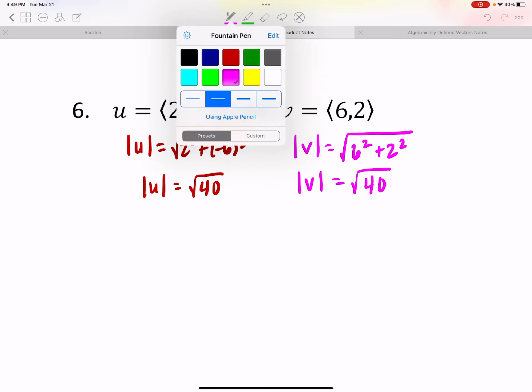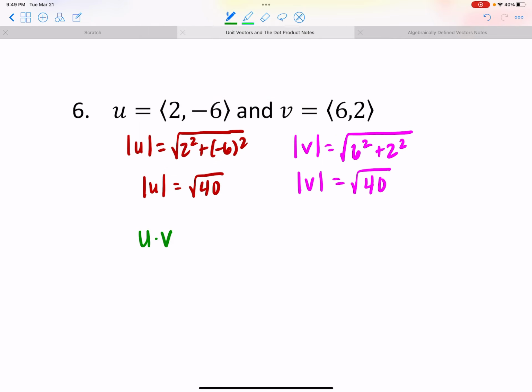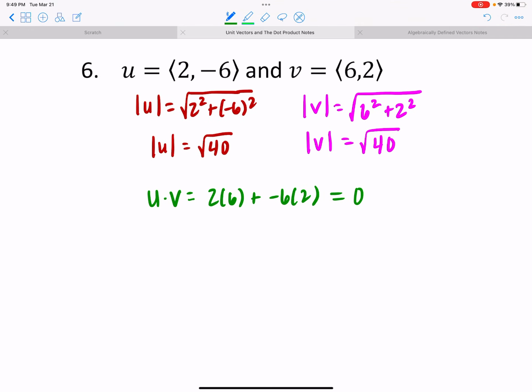And then my dot product, u dot v, is going to be 2 times 6 added to negative 6 times 2. So that's a 12 and a negative 12, which means our dot product is going to be a 0. Okay, so that actually makes this one even easier.